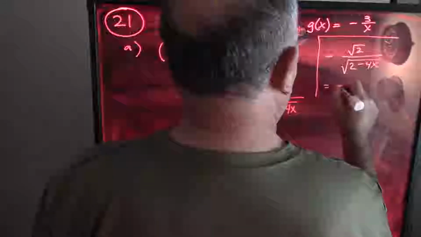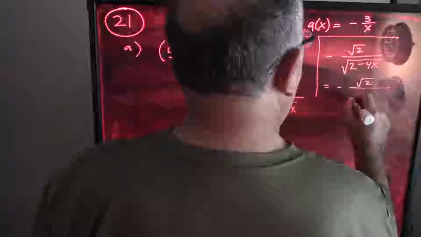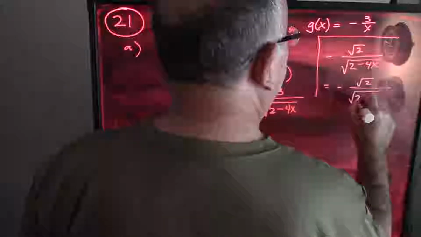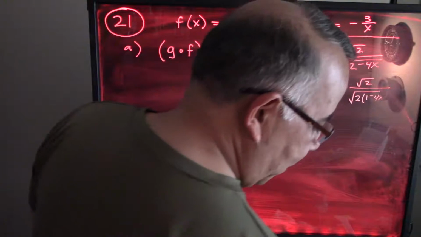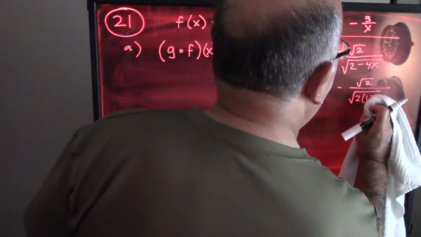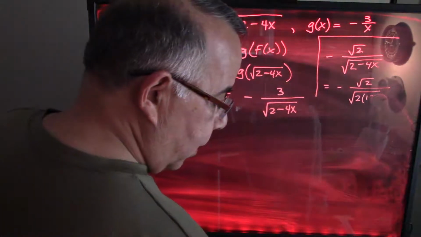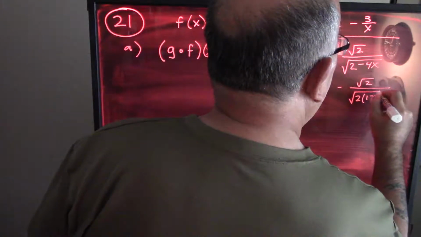That would equal negative square root of 2 over, you could factor a 2 out from the radicand here, 2 parentheses 1 minus 2x, I'm factoring a 2 out. Like that.